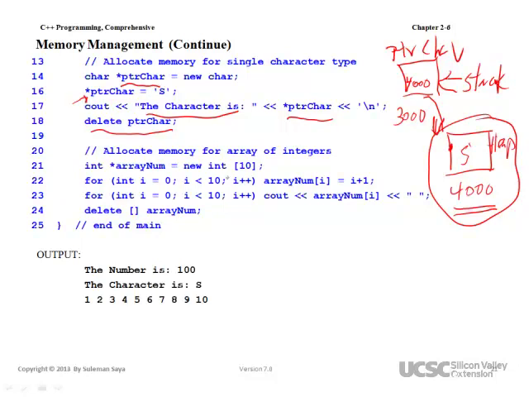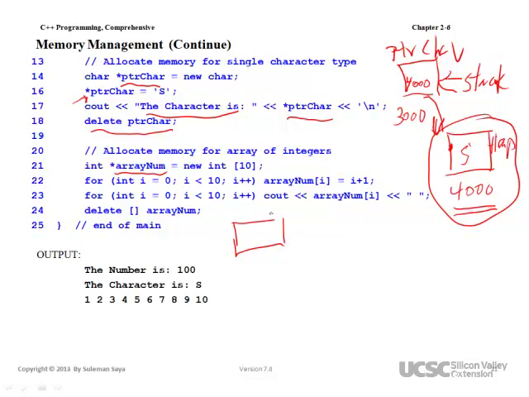So to do that, again, we have to have a pointer of whatever the type of array that we are going to be creating. In this case, we are creating an array of integers. So I have a pointer called array num.